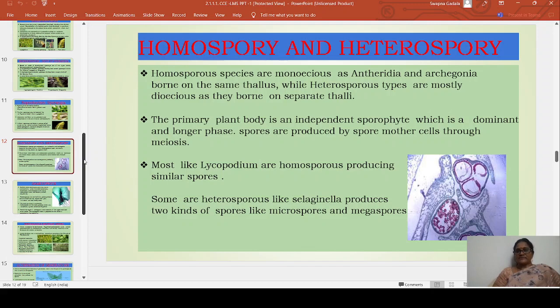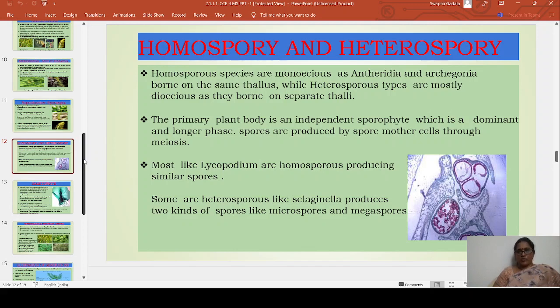So in the Pteridophyta life cycle, two stages are present, sporophyte and gametophyte. The sporophyte is the dominant stage and independent, whereas the gametophyte is also an independent stage. In the sporophyte, which is the dominant and longest phase, the spores are produced by the spore mother cells through meiosis. When we consider homospory and heterospory, a few species of pteridophytes are homosporous, producing the same kind of spores.